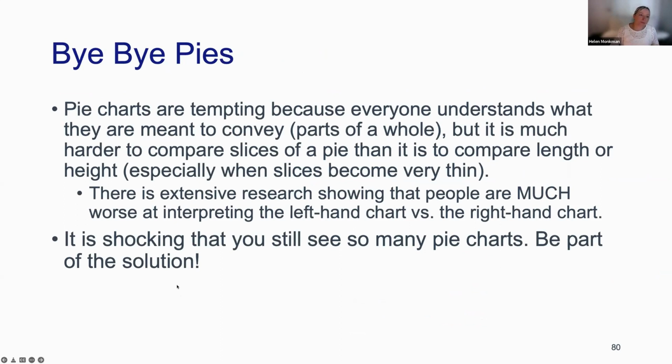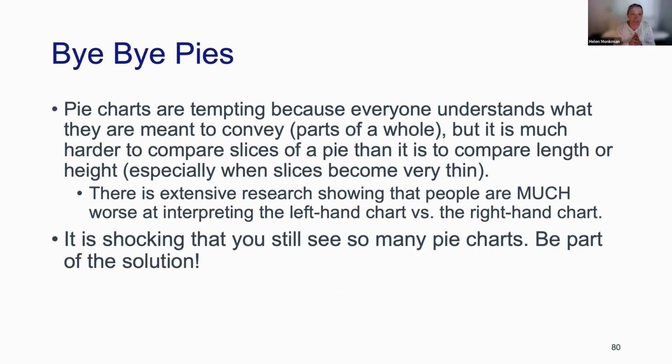So again, the idea that we want to represent a whole is natural. And pies have been around for a while, so they're hard to say no to sometimes. And people might recommend them to you, like other stakeholders, that you have to be quiet, or tell nicely to be quiet, that pies are bad. And then you can show them.